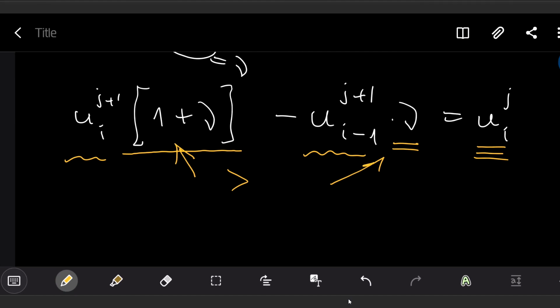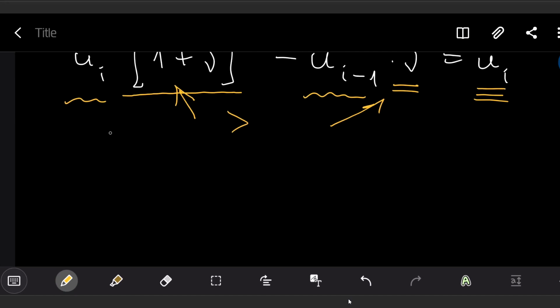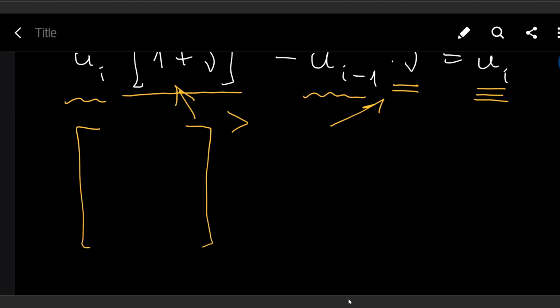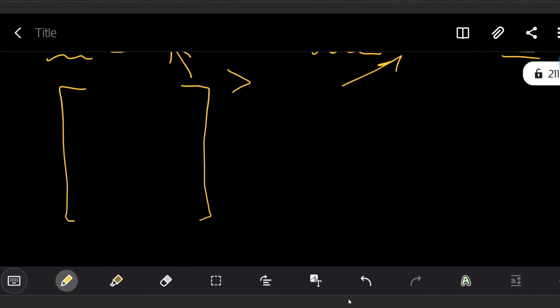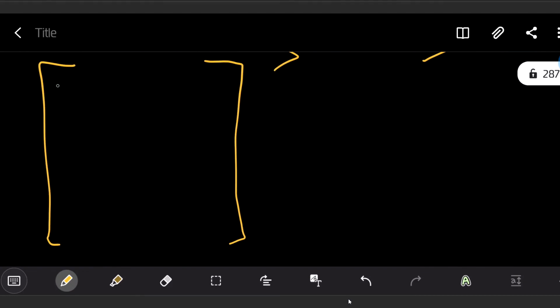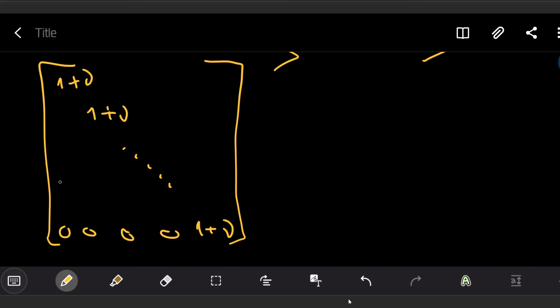So it will be basically coefficients like this. Let me zoom a bit. 1 plus nu, 1 plus nu, and so on, up to the end 1 plus nu. You see that the other values will be equal to 0.